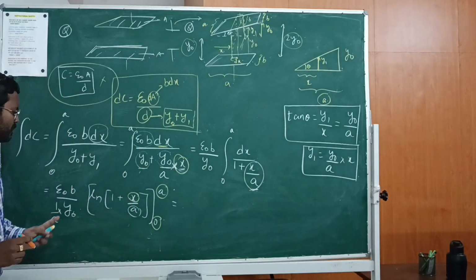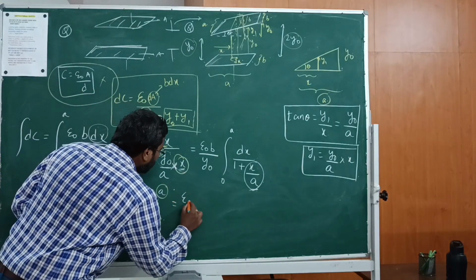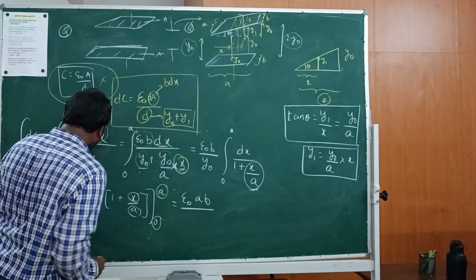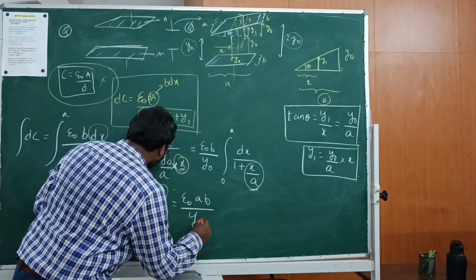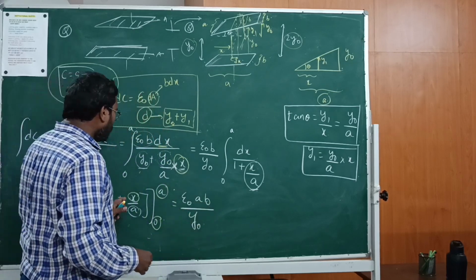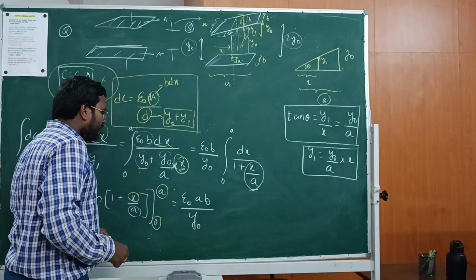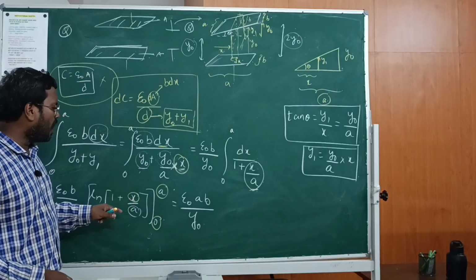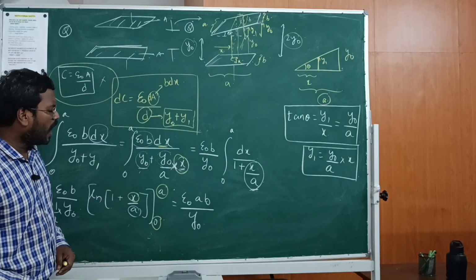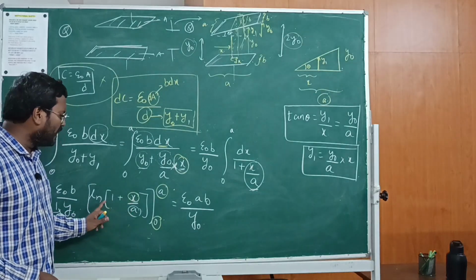The expression we get is epsilon naught ab by Y naught into ln of 1 plus a by a, which is 1 plus 1, that is ln 2, minus ln of 1 plus 0 by a, that is ln 1.